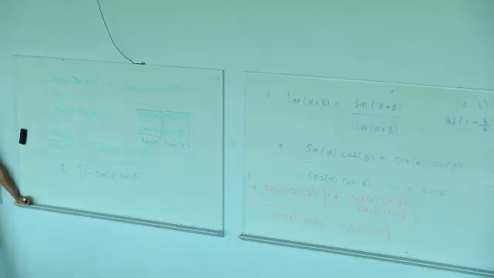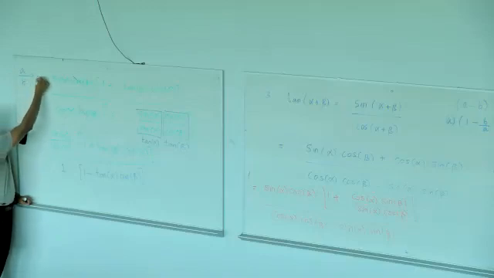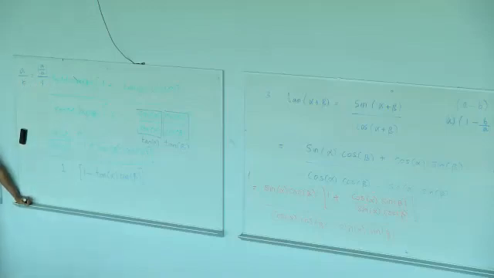Do we agree? If it's too hard to see, this is all I did: a over b, where a is sine alpha and b is cosine alpha.